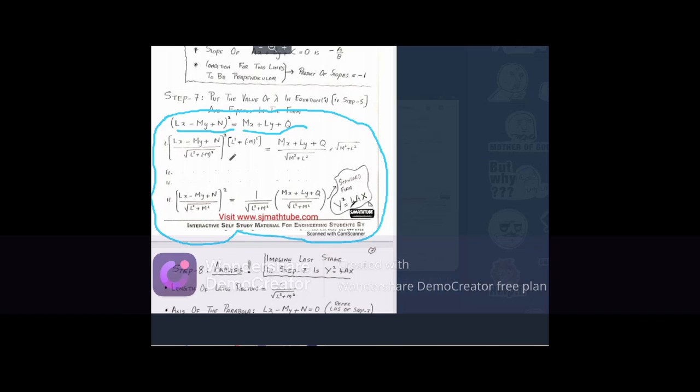For this, first of all, multiply by root under L square plus m square on both sides, so that it finally becomes y square equals 4ax.